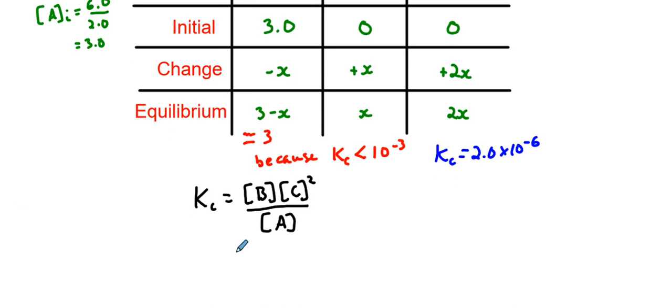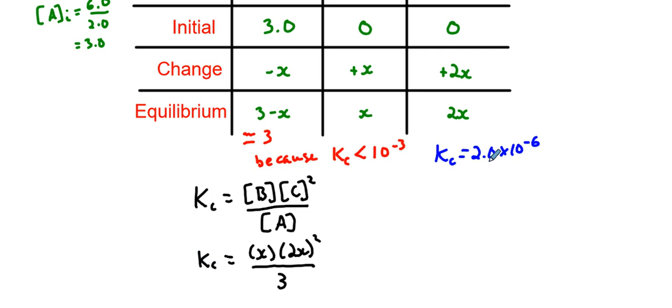Now we can sub in. So we'll say B is just X, C is 2X, and that's squared. A, instead of putting 3 minus X, which would lead to a messy equation to try to solve, we can just say it's 3, and that's how we sub in this approximation. And again, this is equal to Kc.